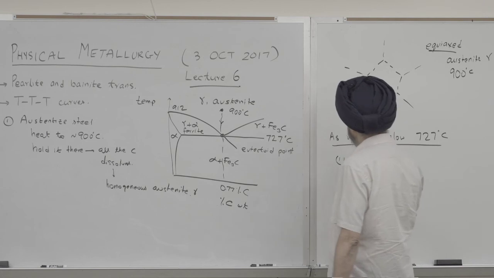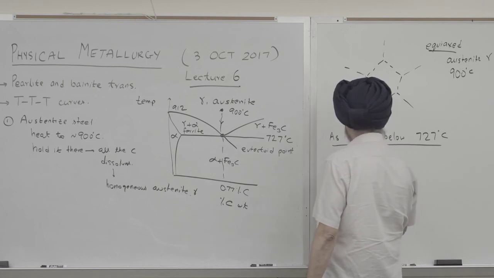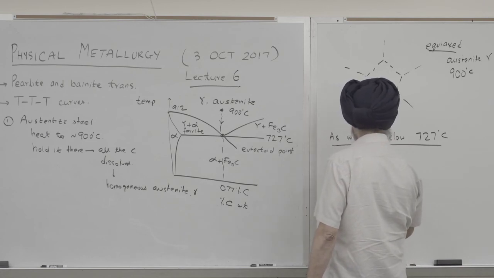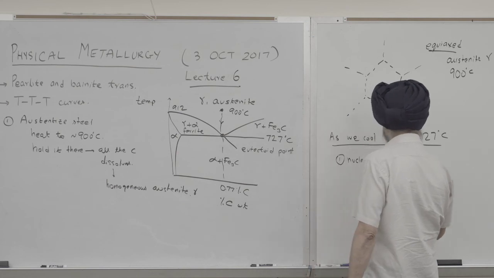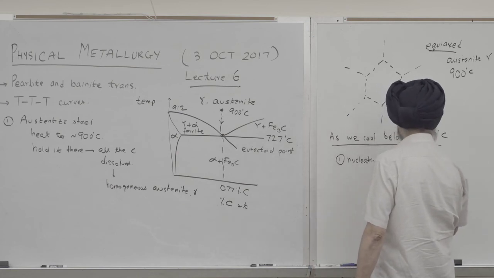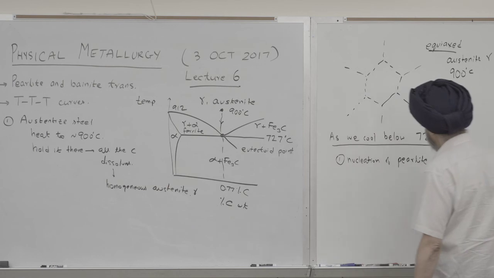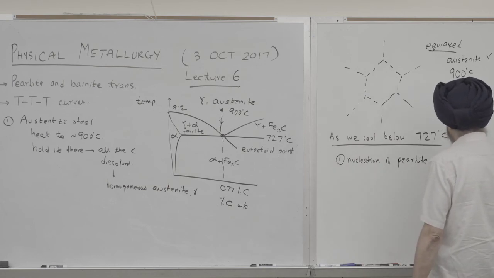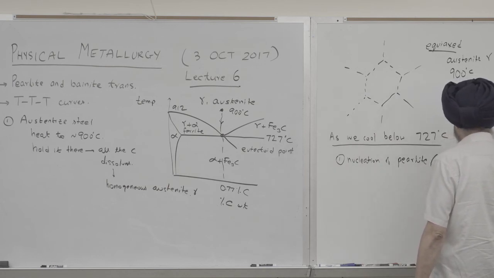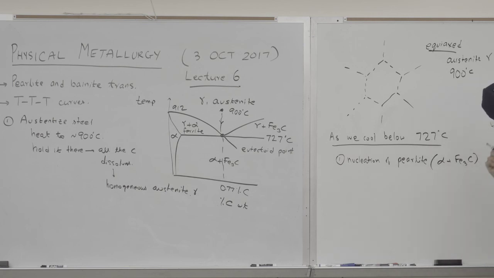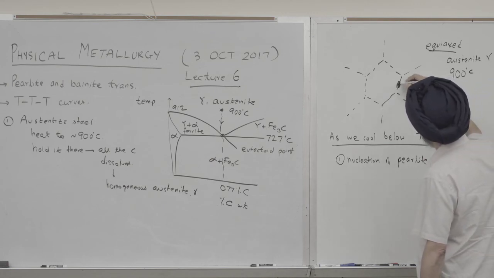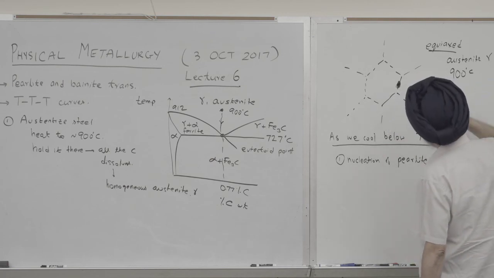You have nucleation of pearlite. So we know pearlite is alpha plus Fe3C, that's cementite. So this nucleation will happen, and it'll happen on the grain boundary.